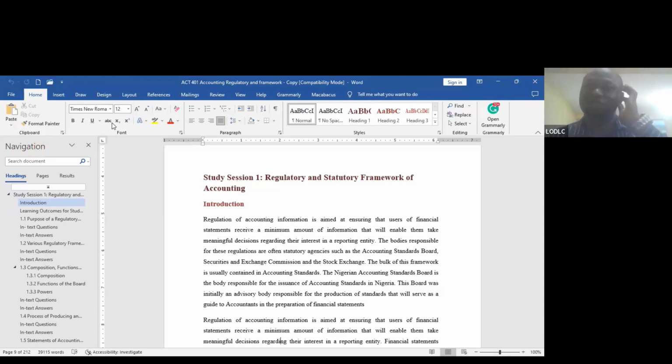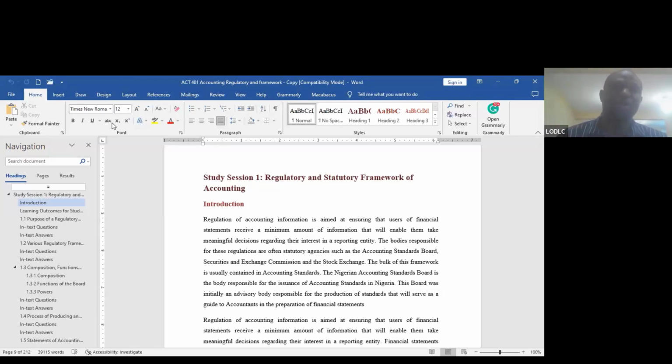Another one is the cash flow statement. Then we need the statement of changes in equity. And lastly, notes to the accounts. All these minimum requirements are very important to shareholders.